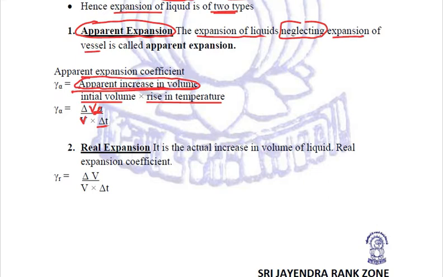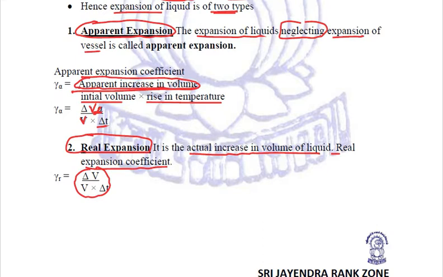The second type of expansion is the real expansion. Now, this real expansion is the actual increase in the volume of the liquid, right? And this is calculated by the change in volume divided by initial volume multiplied by change in temperature.